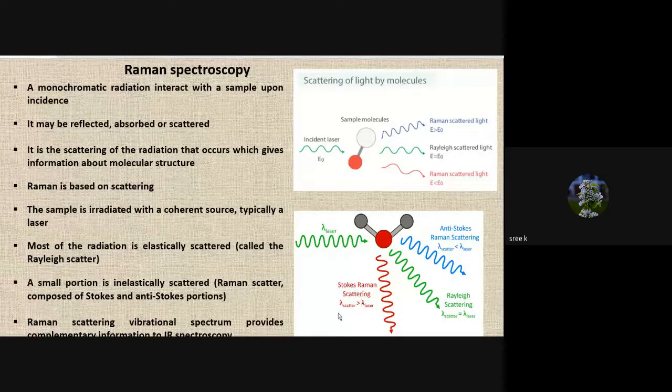In Stokes-Raman scattering, the scattered frequency is greater than the laser frequency. These are the two things you are interested in understanding, because they are the signature of that particular vibration mode of the molecule. So here you are getting information from an inelastic scattered radiation.